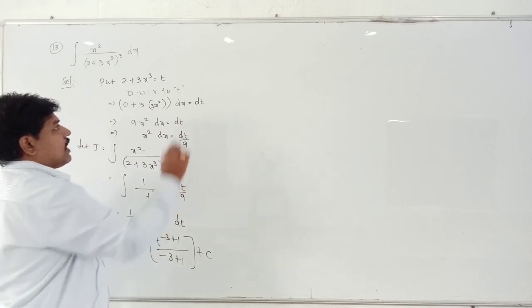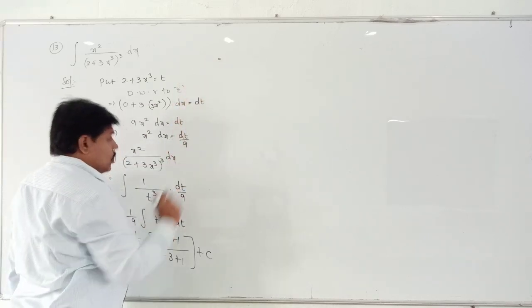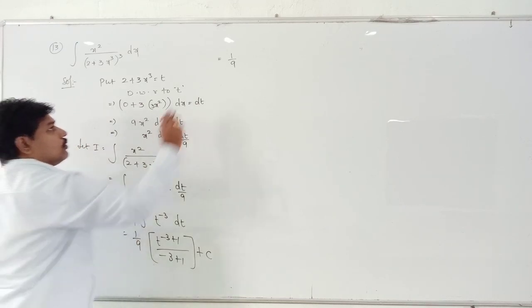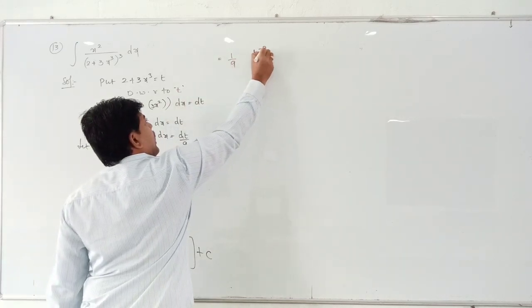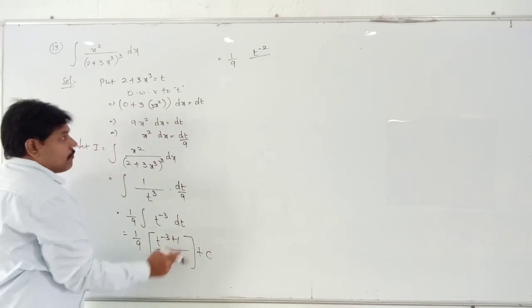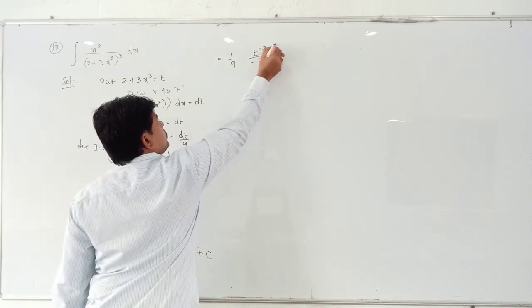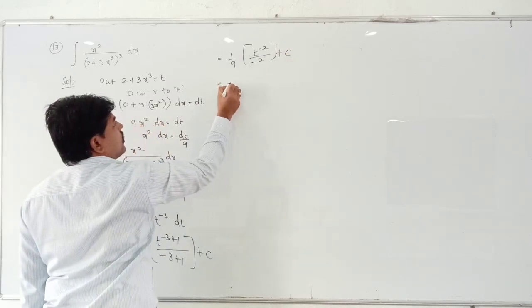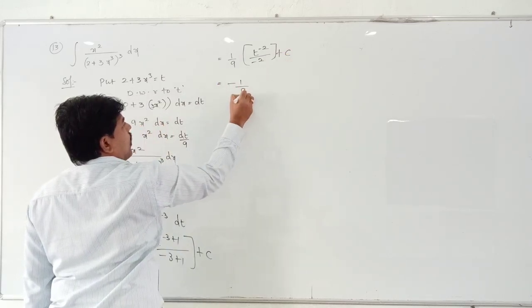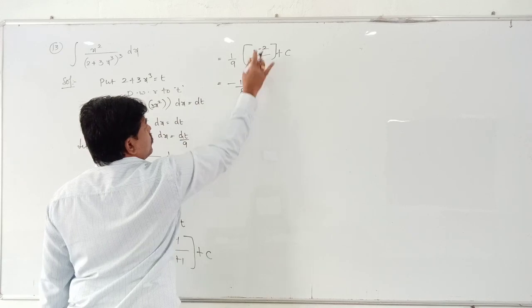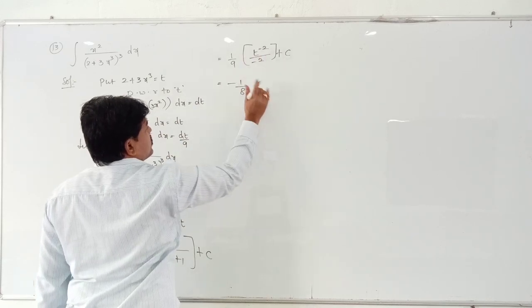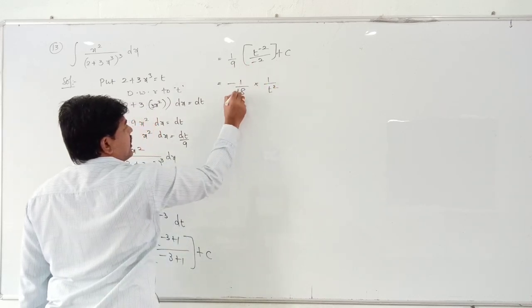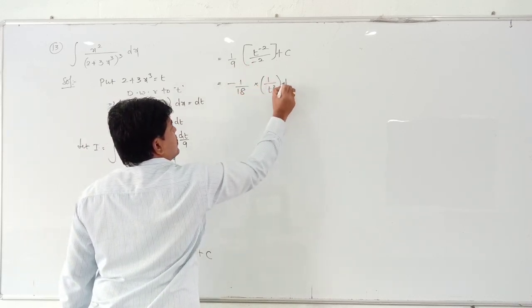So that is equal to 1 by 9 into t power minus 2 by minus 2 plus c. So that is equal to minus 1 by 18 into t power minus 2, which is nothing but 1 by t square. 9 into 2 is 18, okay, plus c.